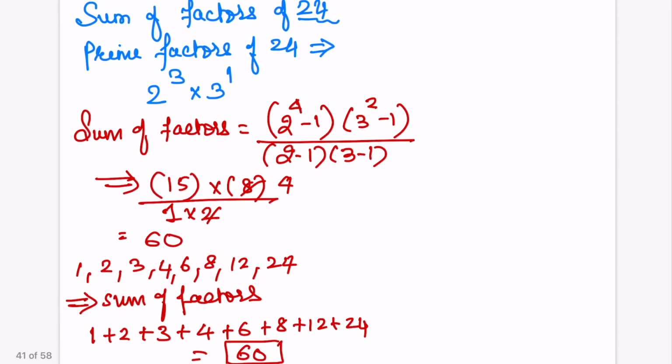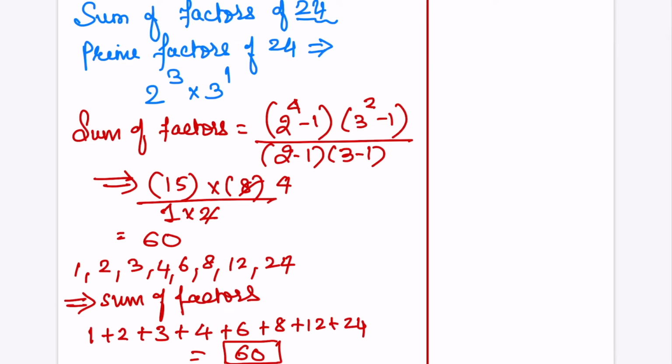So let us look at the formula which we have used here. Again, we have to express the number in the form of primes. So n is a natural number, which I had told you, expressed in the form of primes a^p into b^q and so on up to d^s.